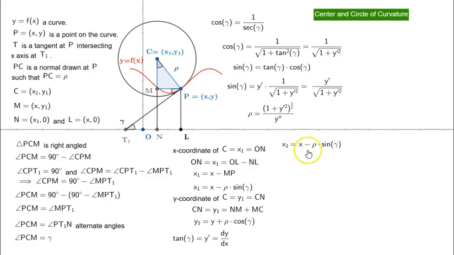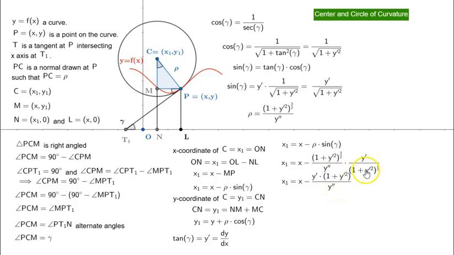Now, x1 is equal to x minus rho times sine gamma. So let's do the substitutions. x1 is equal to x minus rho, which is this, so we substitute it here, times sine gamma, which is this. We substitute and simplify, and we get x1 is equal to x minus y prime times 1 plus y prime square divided by y double prime.